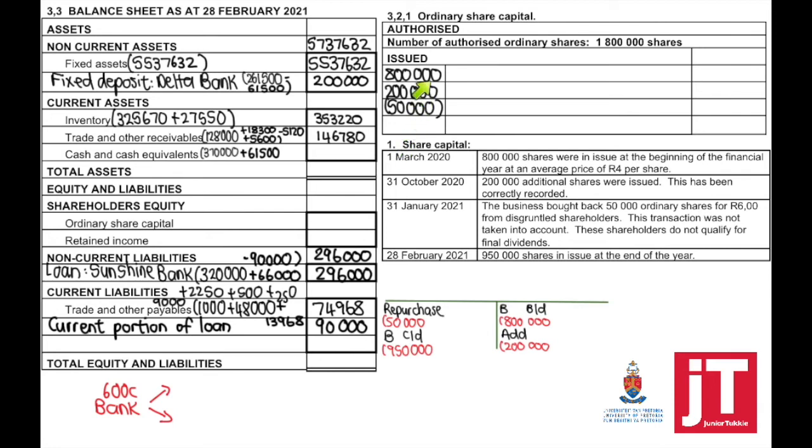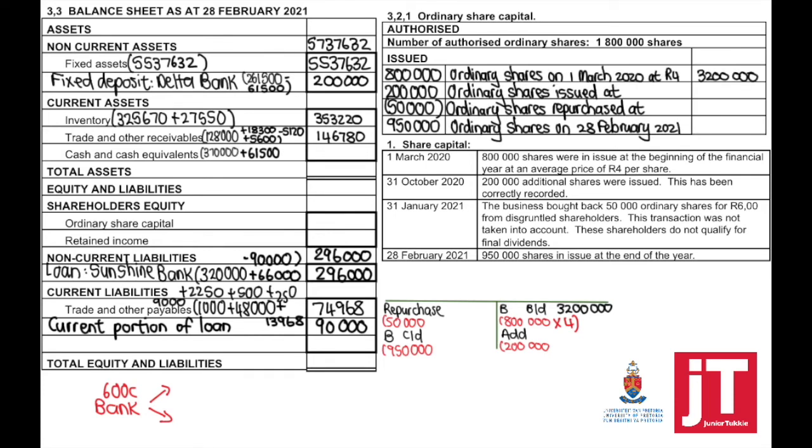I can take that now to my note, and I'm going to say 800,000, plus 200,000 minus 50,000 equals the number of shares in issue at the end of the accounting period. Now, they specifically said to me, 800,000 shares were in issue at R4 per share. That was the average price. So we can calculate the balance in the beginning by taking 800,000 shares times 4 equals the balance at the end.